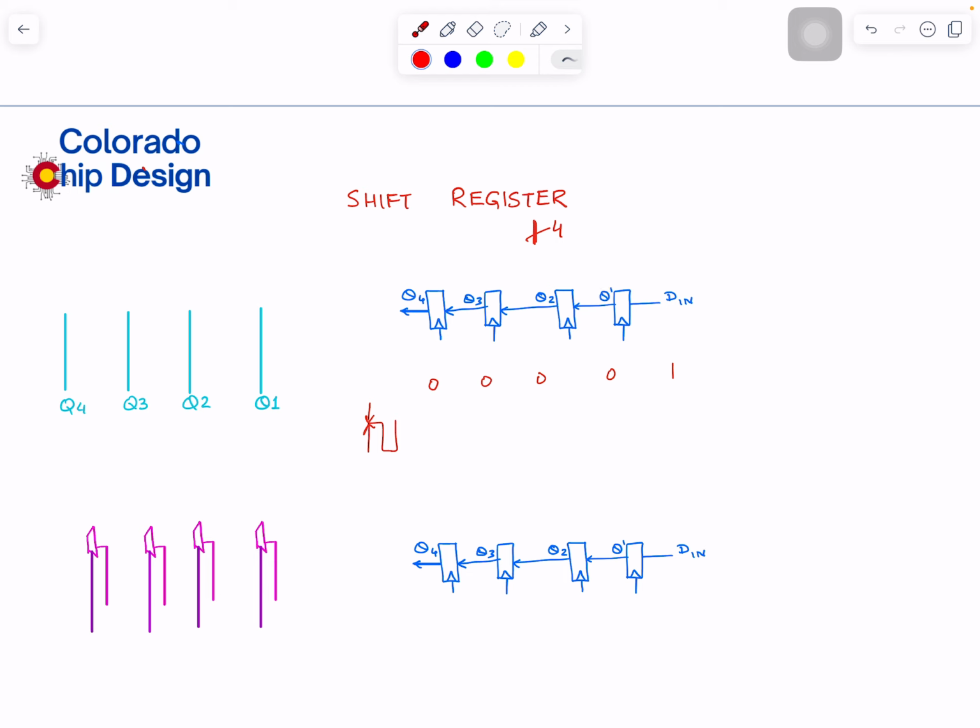So after the first clock, we will have 0, 0, 0, 1, and then the next value. On the next rise edge, it will go here. I'm just assuming more zeros are coming. On the next one, it will go here. So on every cycle, that 1 is moving on. I guess that is clear, right?